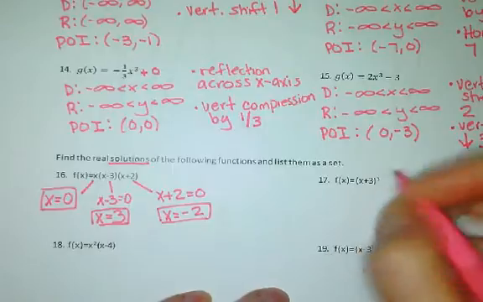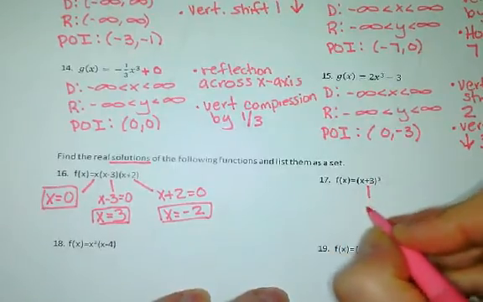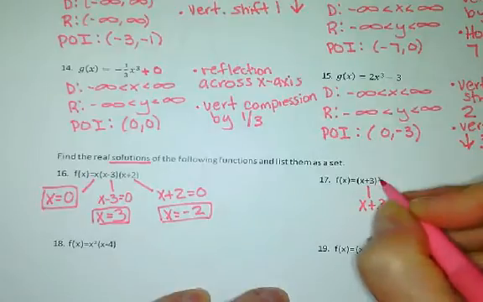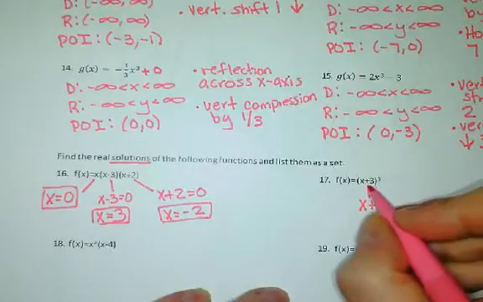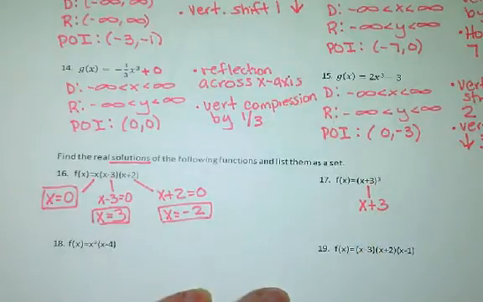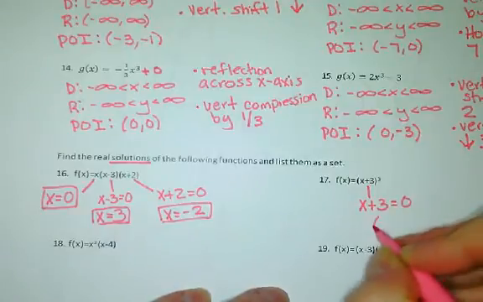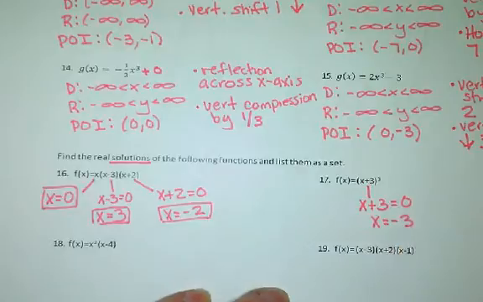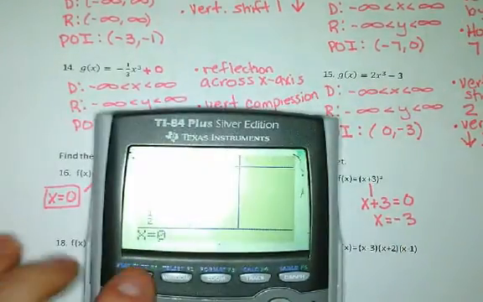Now this one, again, if I just look in the parentheses, I'm going to set this equal to 0. And even though it says it's cubed, you really only have to do it one time. So I can already tell that this one's only going to cross one time. So this one would be x plus 3 equals 0. So x equals negative 3. And again, you can always check these in your calculator.